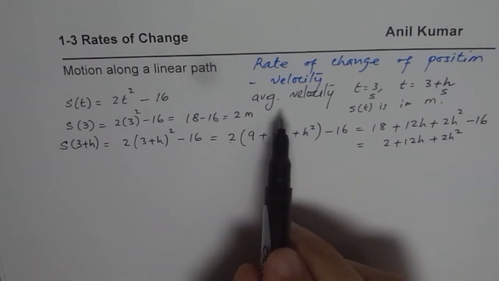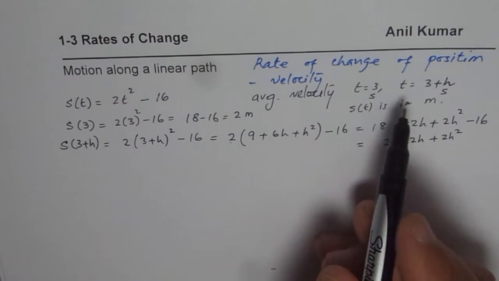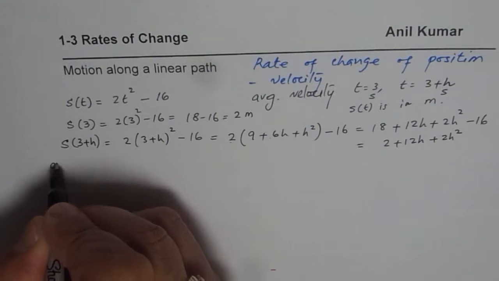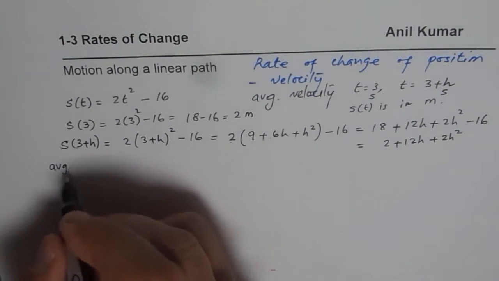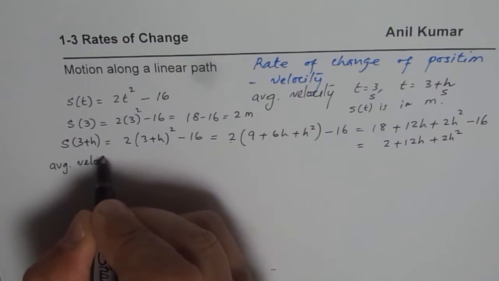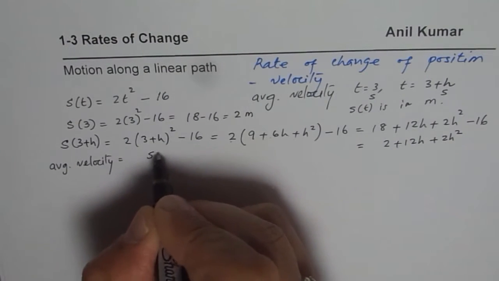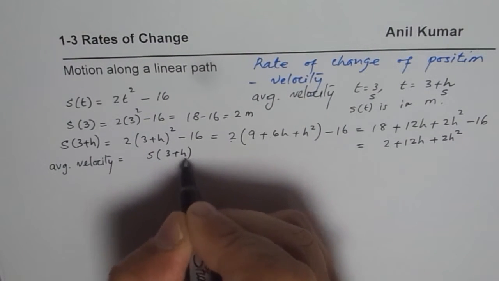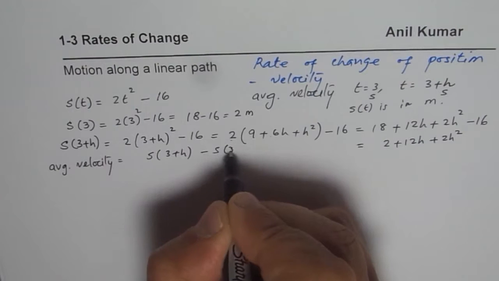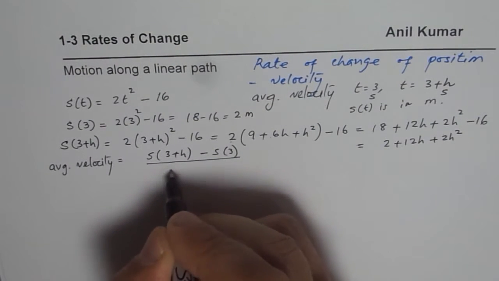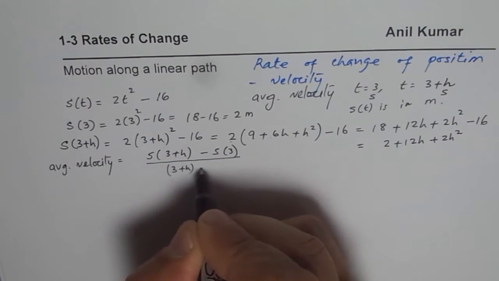If we want the average rate of change in this time, then the average velocity will be s of 3 plus h minus s of 3, divided by 3 plus h minus 3.